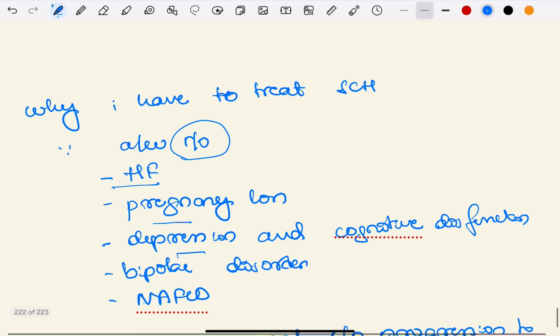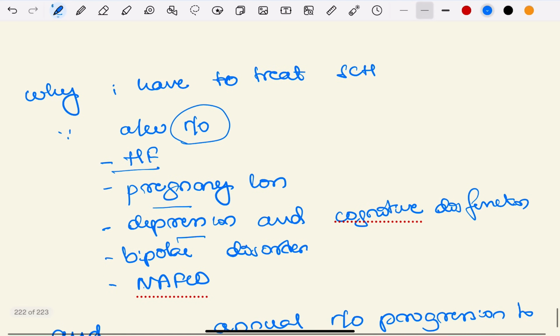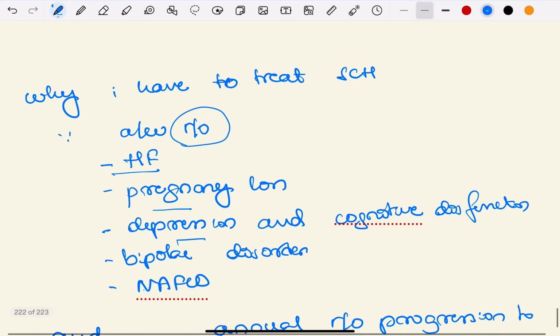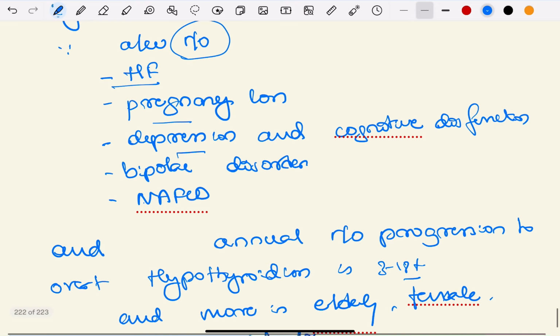So these are the complications of subclinical hypothyroidism if you don't treat it. And once you diagnose subclinical hypothyroidism, the annual risk of progression to overt hypothyroidism is around 3 to 18%. Okay, 3 to 18%, that's quite a lot.